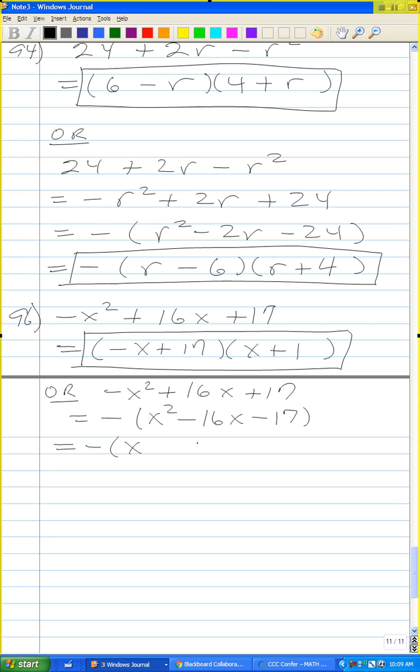And so what's in the parentheses is a monic quadratic. Bring down the minus, times minus is plus. You want two whole numbers whose product is 17 and whose difference is 16. So 17 and 1. And so you get the same thing.